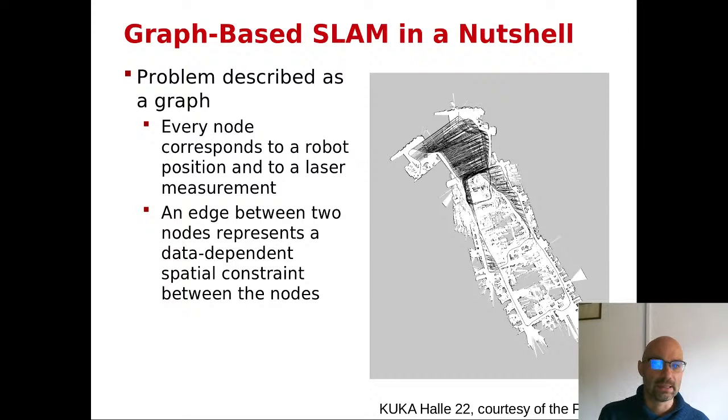The cool thing is that by proceeding in this way, you could abstract away, which means not care about, the algorithms or systems that you have used to compute such relative constraints.